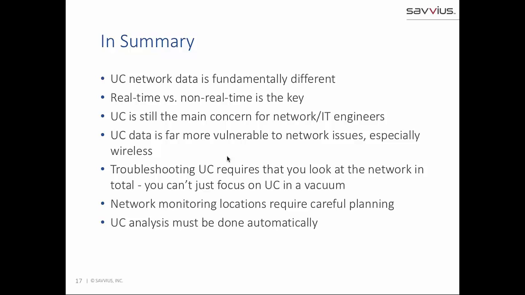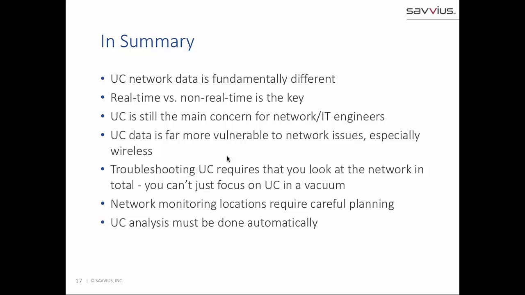It is still one of the main concerns for network and IT engineers. Even after all this time, after 10, 15 years of unified communications and VoIP being deployed out there, it's still the most common problem for IT engineers. The UC data is far more vulnerable to network issues like jitter, latency, and packet loss, and that's especially true on wireless.